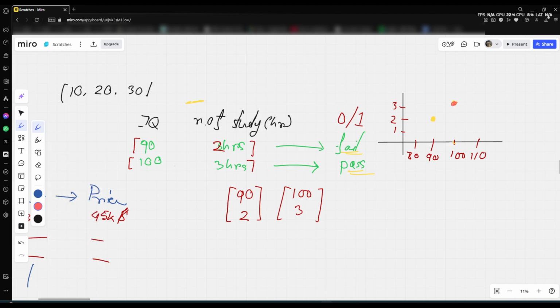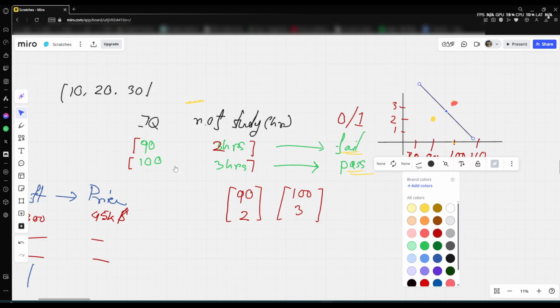This is the person who passed the exam, and this is the person who failed the exam. If you know about linear regression, we'll have some kind of linear equation here, a straight line that will differentiate between them.